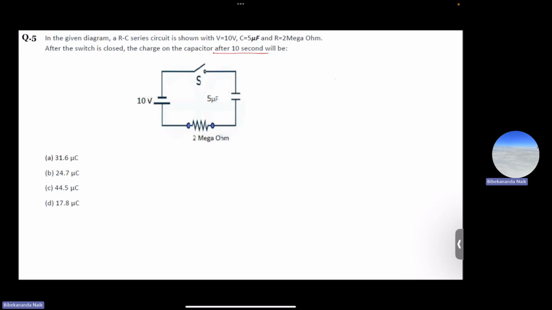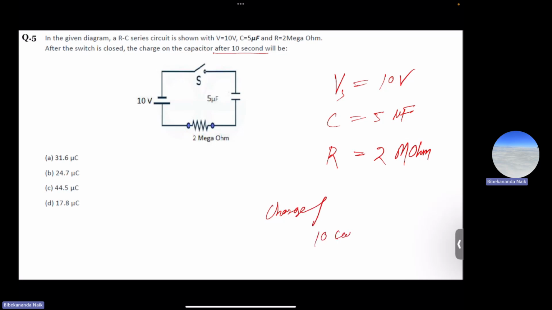The supply voltage is 10 volt, capacitance is 5 microfarad, resistance is 2 mega ohm. So what will be the charge after 10 seconds?